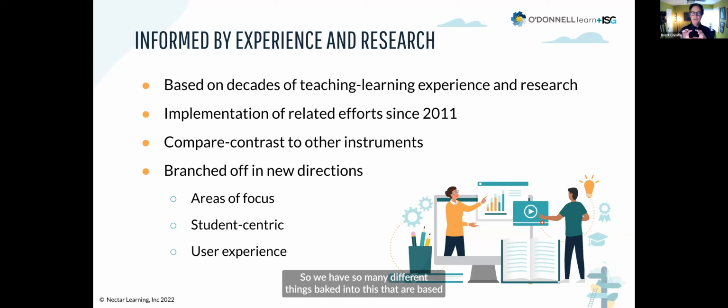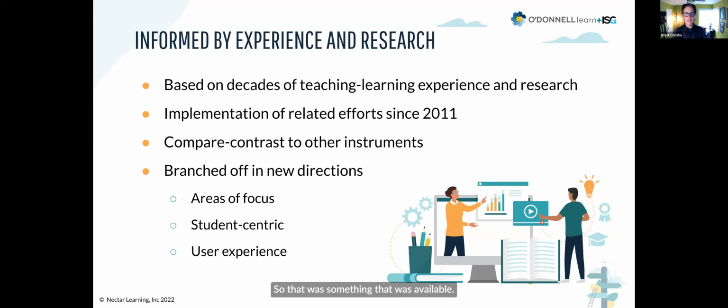So we have many different things baked into this that are based on real research and effective practices and how those go together. I started working on these efforts in 2011 for the Cal State system and developed the Quality Learning and Teaching program, or QLT, that Carrie mentioned. In doing so, I looked at prior instruments that existed. Quality Matters was one of them; they had just developed their instrument through their grant program.